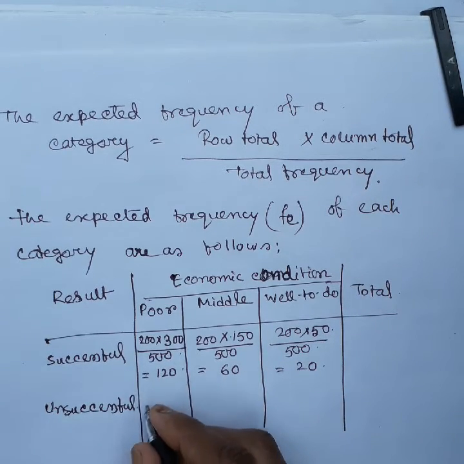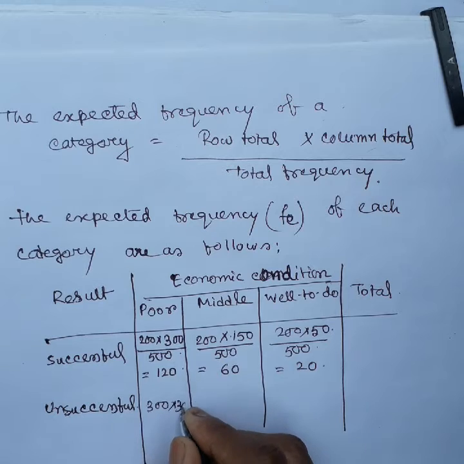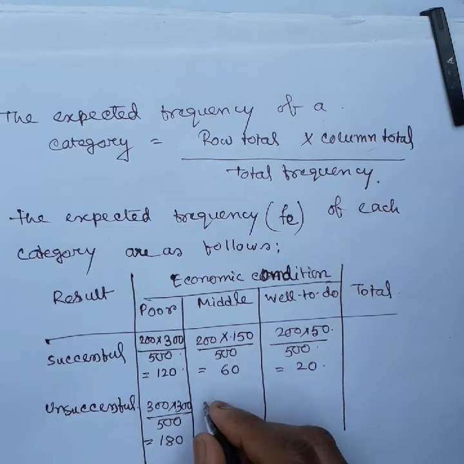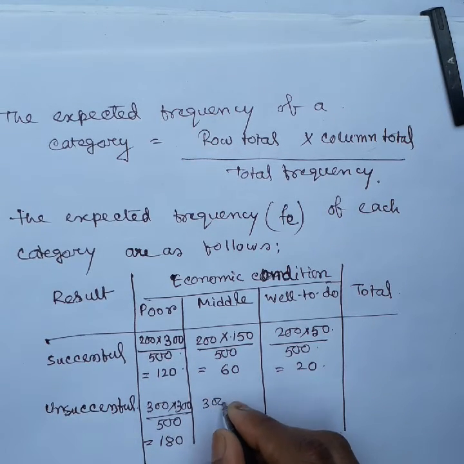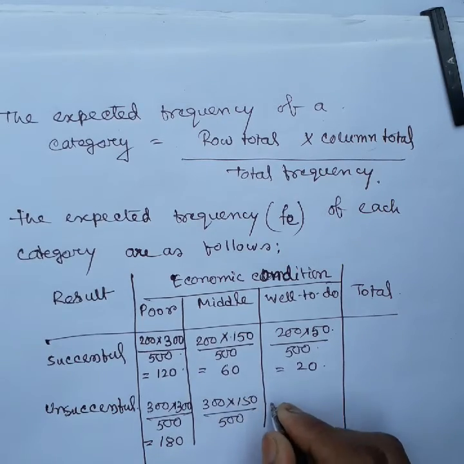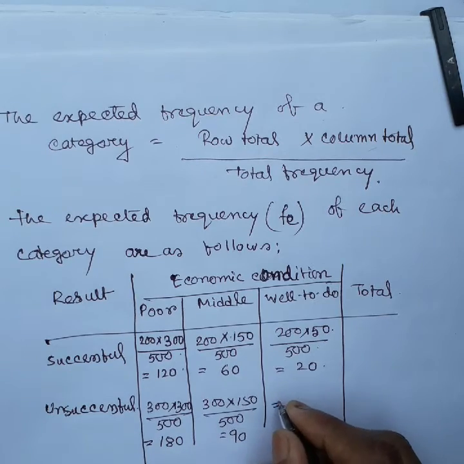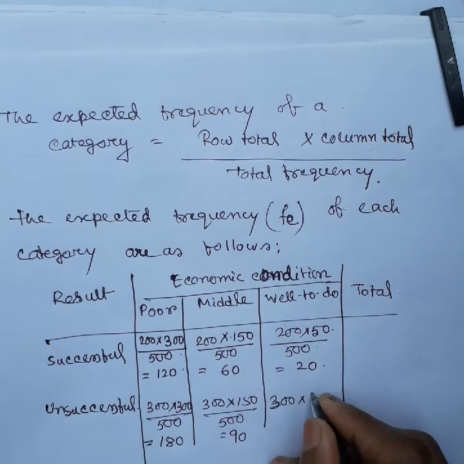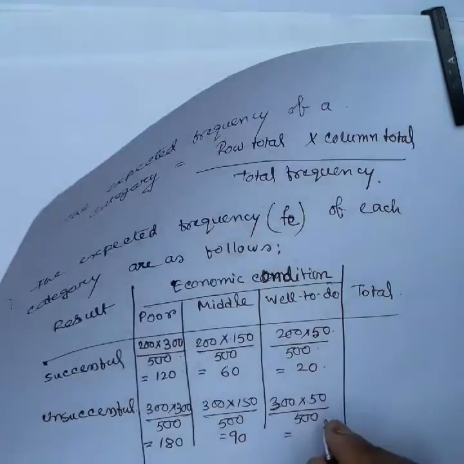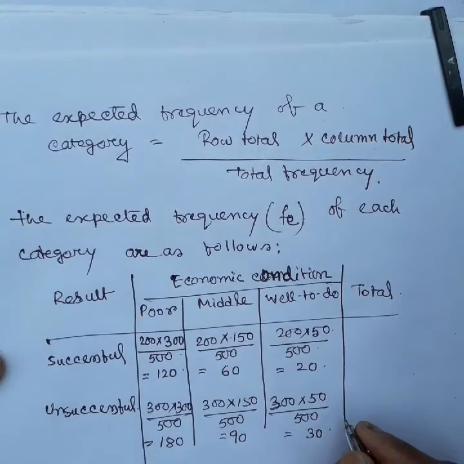And unsuccessful, this is 300 into 300 by 500, that is equal to 180. 300 into 150 by 500, that is equal to 90. 300 into 50 by 500, that is equal to 30.